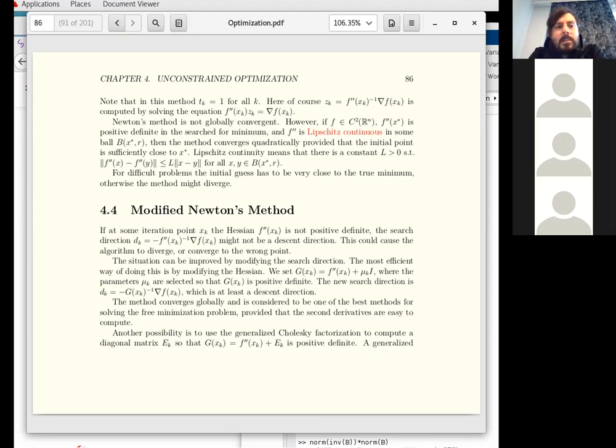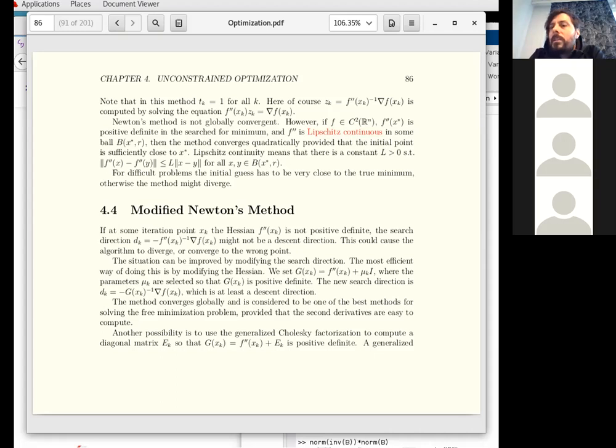One problem with this Newton method is that, well, there are many problems, but one of them is that if we are at a point where the second derivative or the Hessian is not positive definite, then we run into trouble. If the Hessian is not positive definite, then the direction we go to might not be a descent direction.